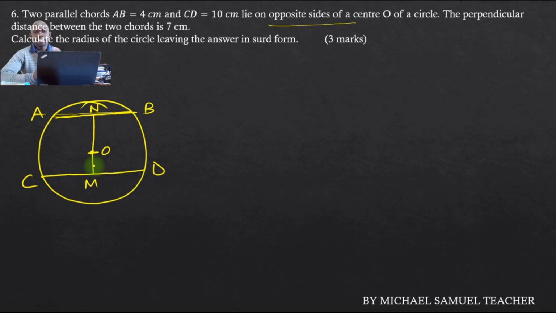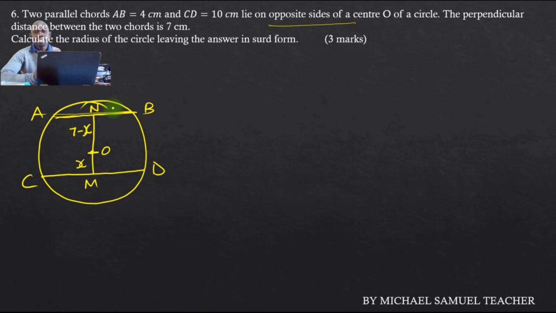So if you have parallel lines and draw the perpendicular bisecting them, it will pass through the center, and since that distance is 7, let OM be x, therefore the other from O to N will be 7 minus x.